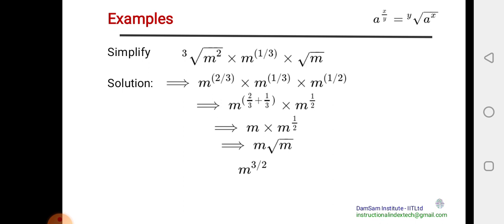Now we can perform operation on the power. The first two powers, which are 2 over 3 and 1 over 3, are what we have just added together. 2 over 3 plus 1 over 3 is going to be 1, and that is the power on the first two m.